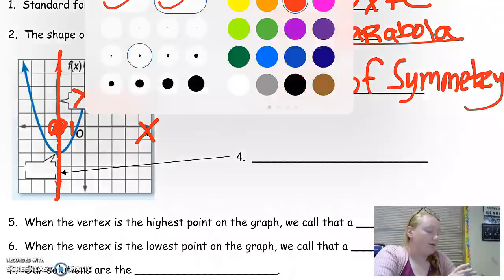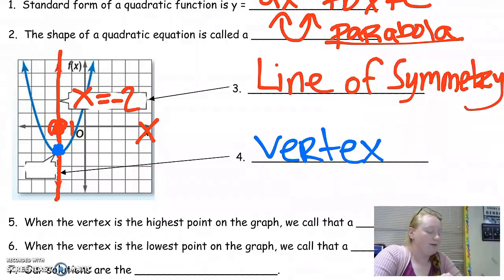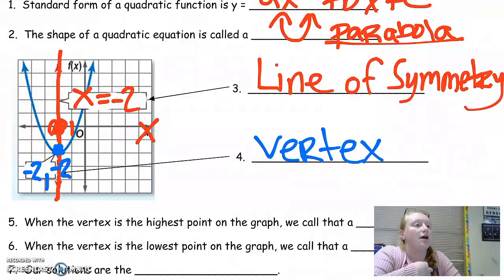Then I put a little blurb right here asking about this point. This point is a special point. It's called our vertex. My vertex here is at (-2, -2). In my class, you're not going to get full credit right now with what you have.